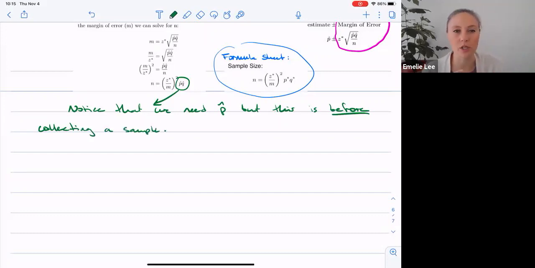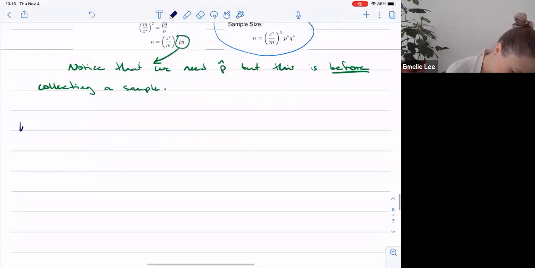So we have two options, okay? If you want a conservative estimate, the most conservative estimate for n is going to be a 50-50 split, right? P hat equals 0.5.